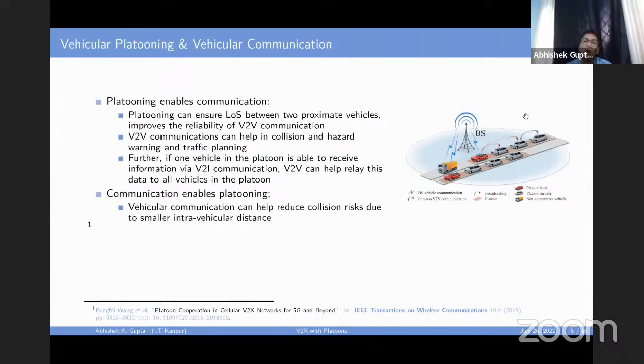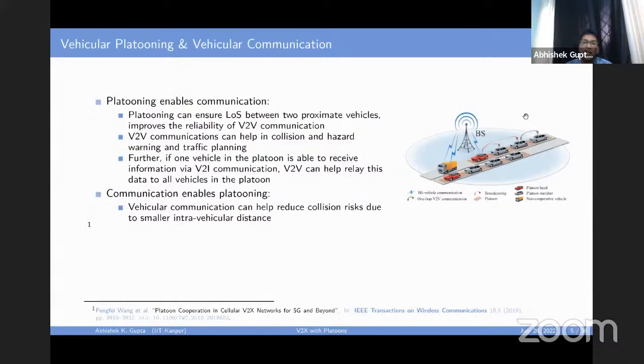So you can always assume that in a platoon, you have at least a few vehicles around you which are in line of sight direction, so you can always communicate between them using line of sight communication. Because of the distance guarantee, you can also have a guarantee on vehicle-to-vehicle communication. This V2V communication can help in collision and hazard warning and can improve overall traffic.